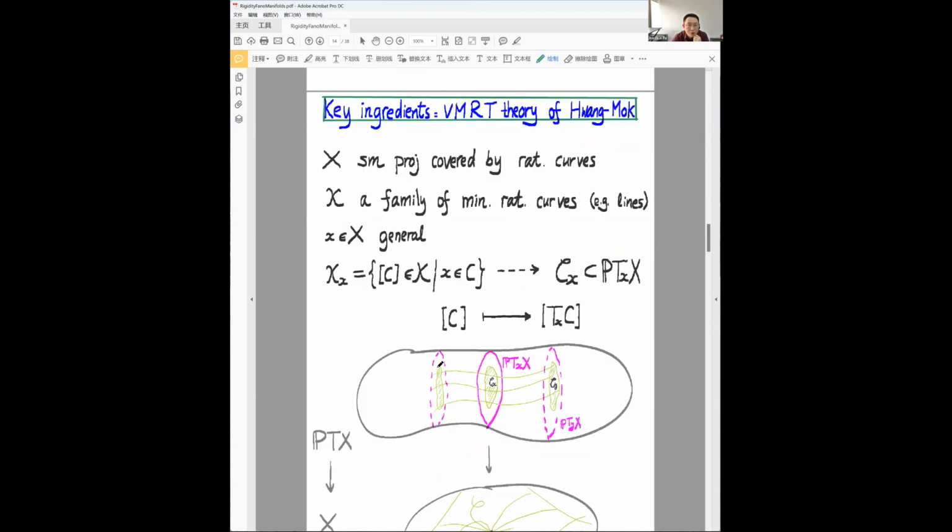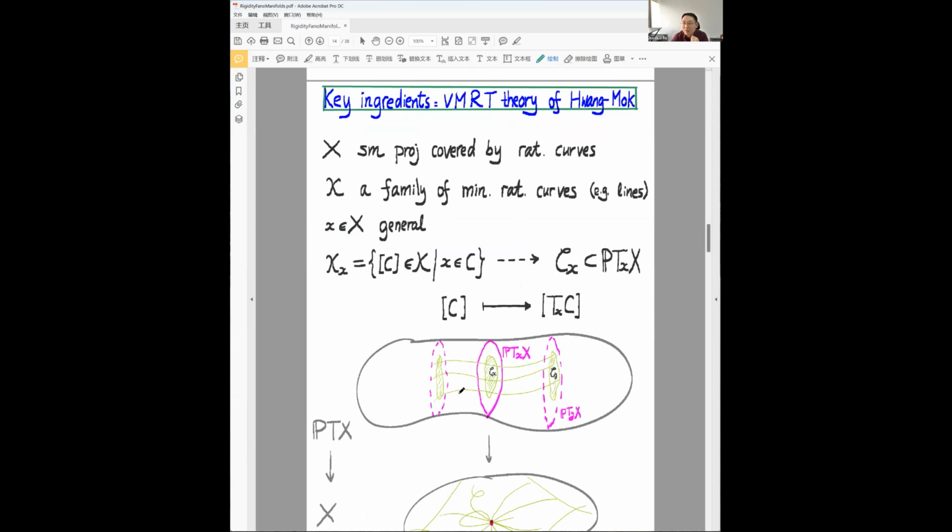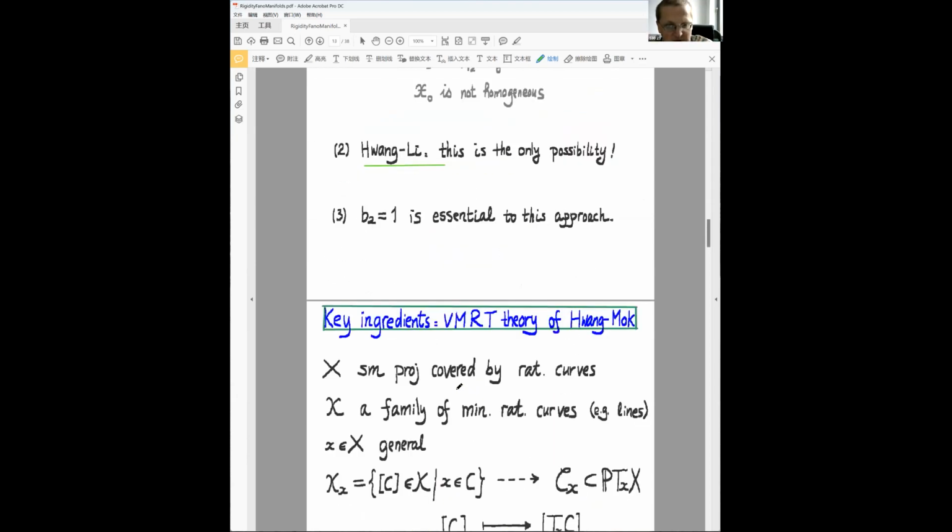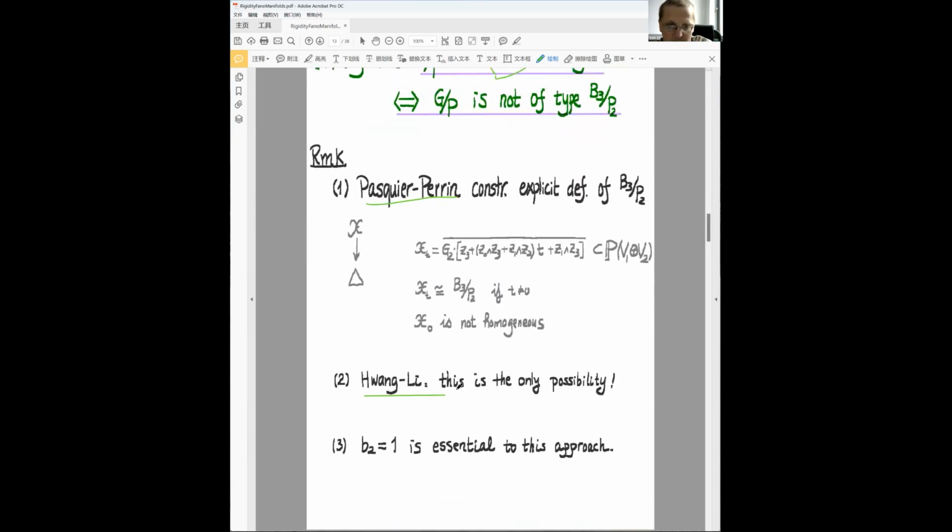So this is an example where, as you say, a variety which is isomorphic to the Grassmannian degenerates, specializes, to a variety which is not isomorphic to the Grassmannian. Yes, even not homogeneous.